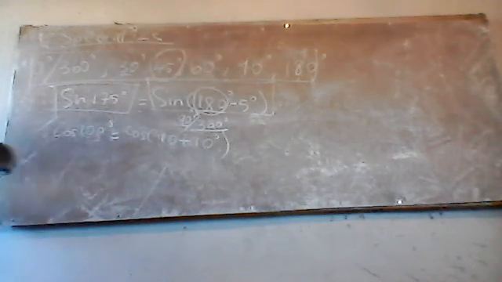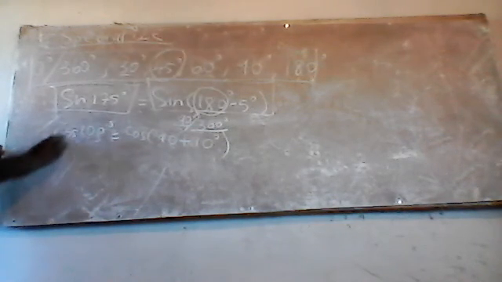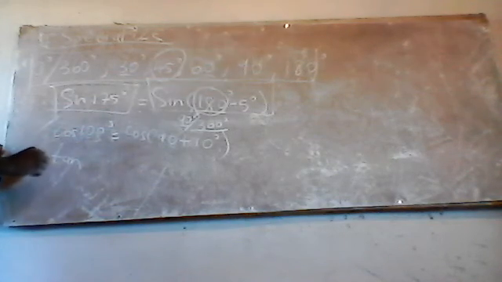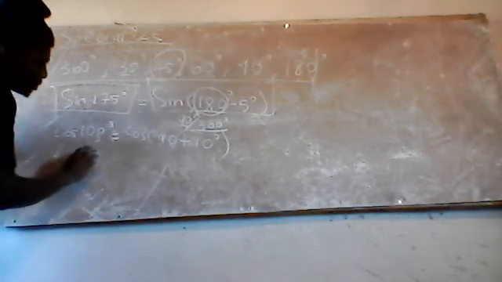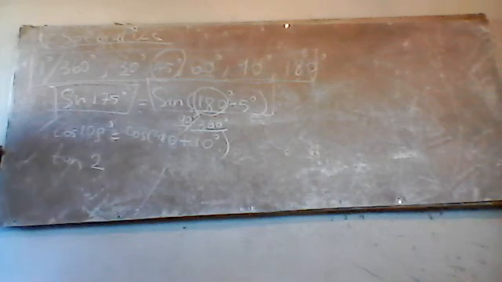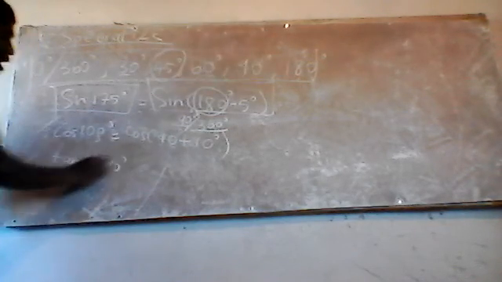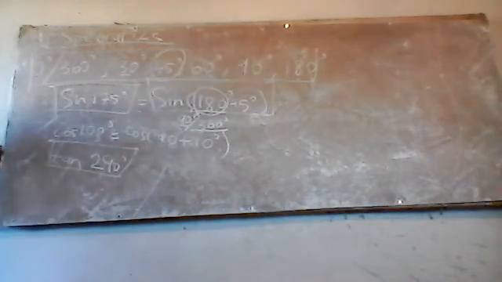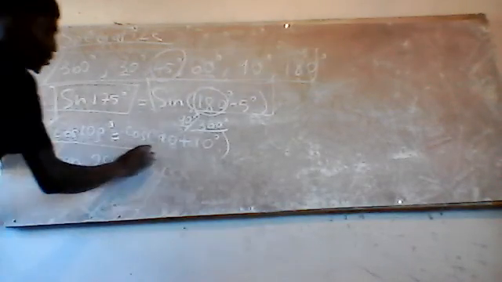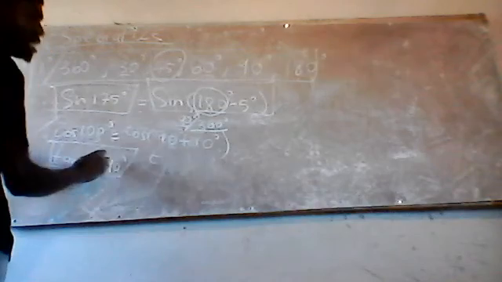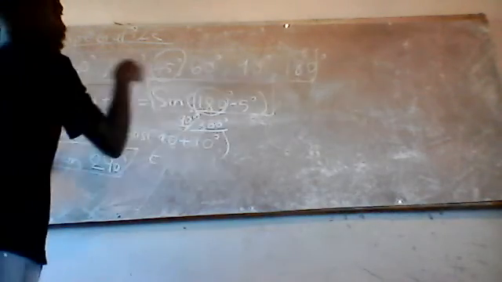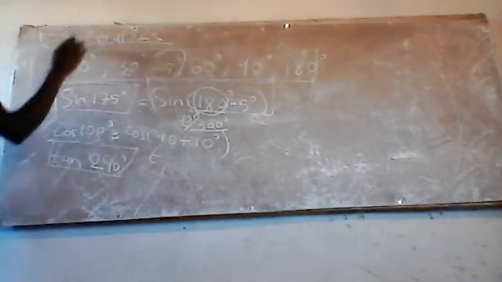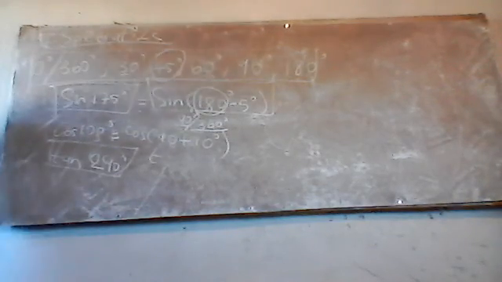Also, making another example, if we are given maybe tan of, let me say, 290. Express 290 in terms of those special angles. Tan of 290. 290 is actually closer to 360. So in order for you to not sweat, just say 360 minus 290.